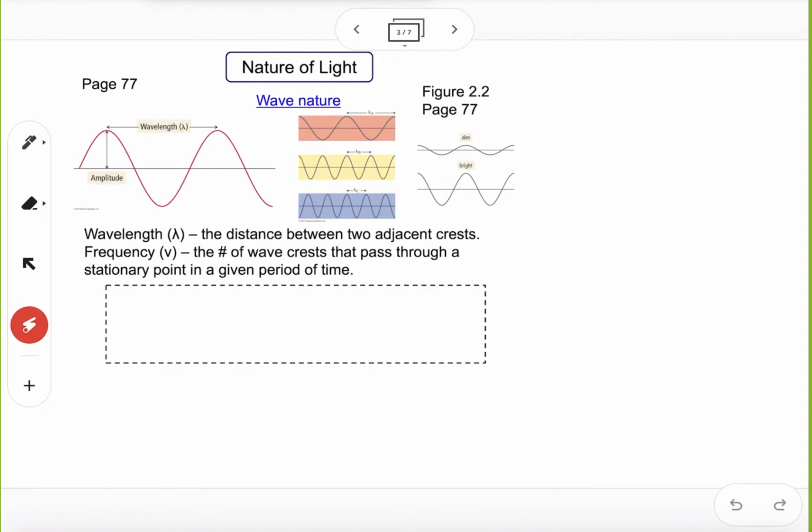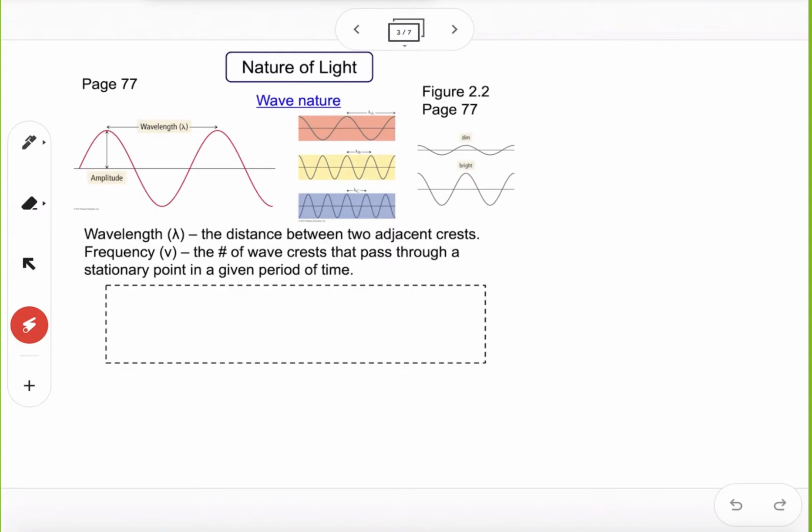If you take a look at the wavelength of those three waves, for the red window, the distance between two neighboring crests is quite long. For the yellow window, the distance between two neighboring crests is shorter than the red wave. For the blue window, the distance between two neighboring crests is the smallest among the three.